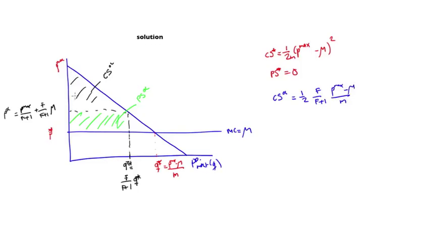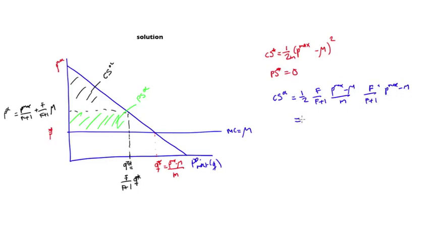That height is P max minus this price, which is equal to F over F plus 1 of P max minus mu, without being divided.